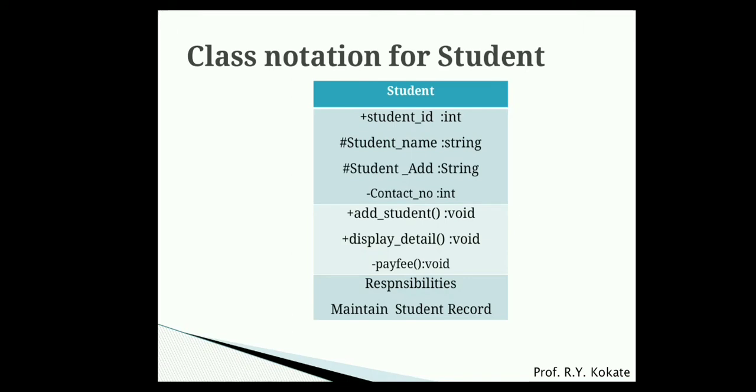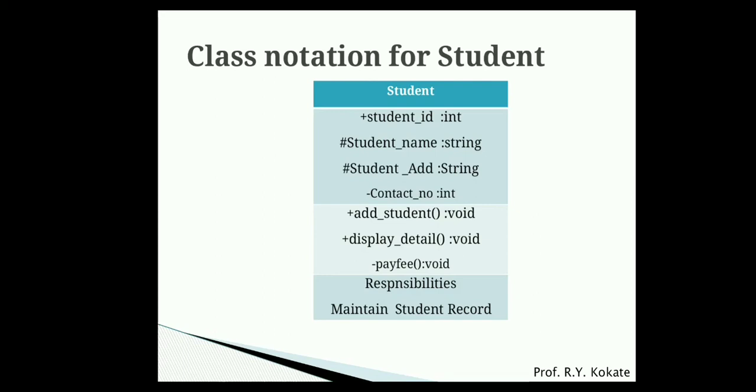Same for the student. Name of the class is student, student ID, and data type is integer. Write down the student name colon space integer, hash student name string. Plus indicates it is public, available to the current and other classes. That means it is accessible to the whole program.